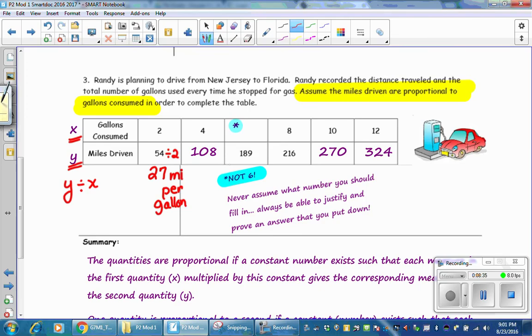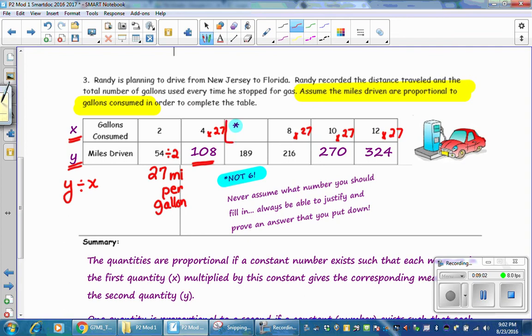Since it's 27 miles per gallon then, 4 times 27 tells you how many miles you get with 4 gallons of gas. Here, 8 times 27 equals 216, and 10 times 27 equals 270, and 12 times 27 equals 324.